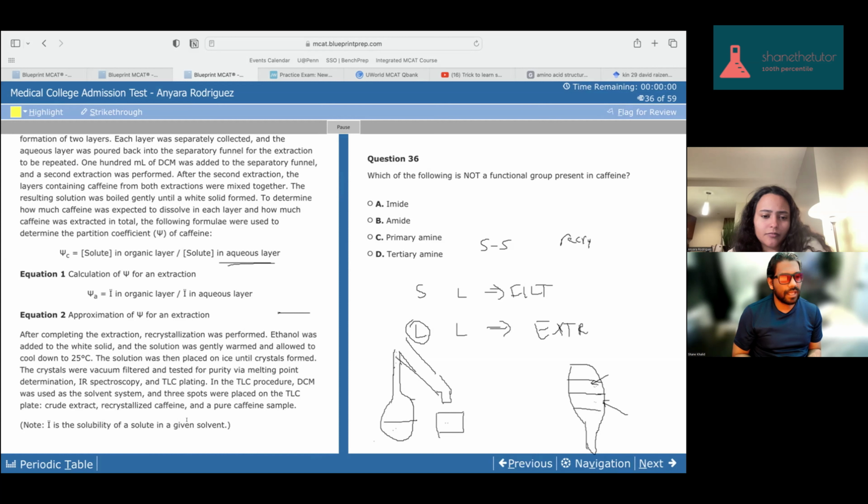The solution was then placed on ice until crystals formed. The crystals were vacuum filtered and tested for purity via melting point determination, IR spectroscopy, and TLC plating.